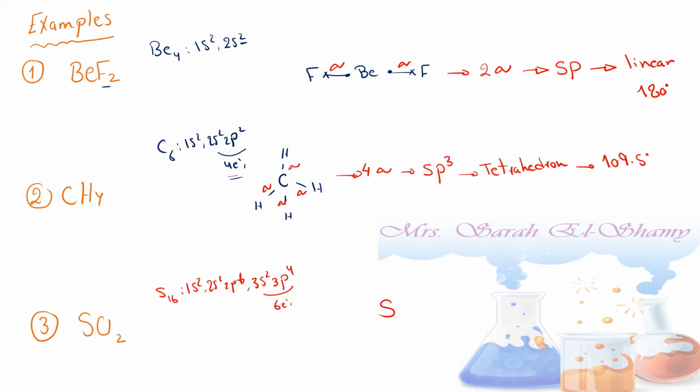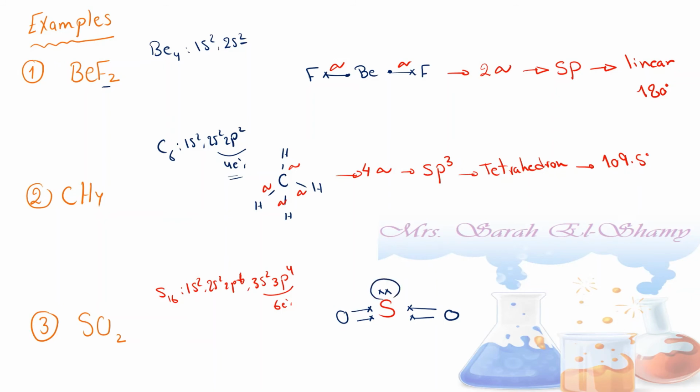Okay, it connects with oxygen. So here oxygen has to bind with a double bond. So here double bond with O and another double bond with O. Okay, how many electrons did we use? 1, 2, 3, 4. So we still have 2 electrons, which will be a lone pair. Okay, so here we have 1 lone pair.